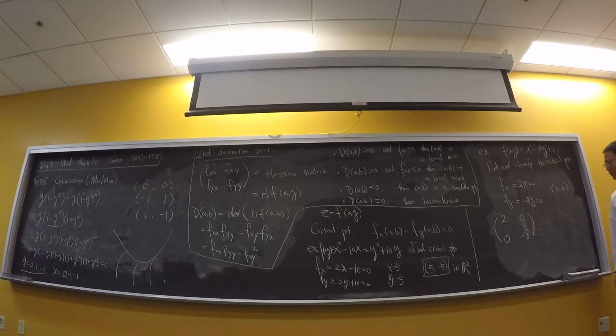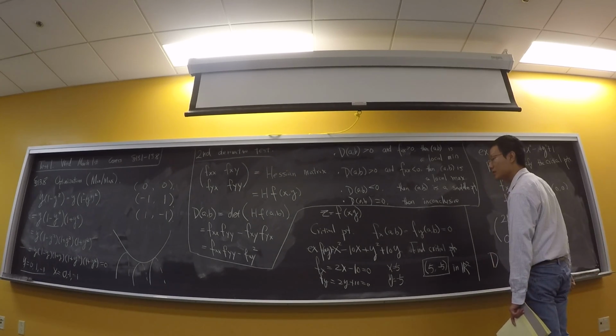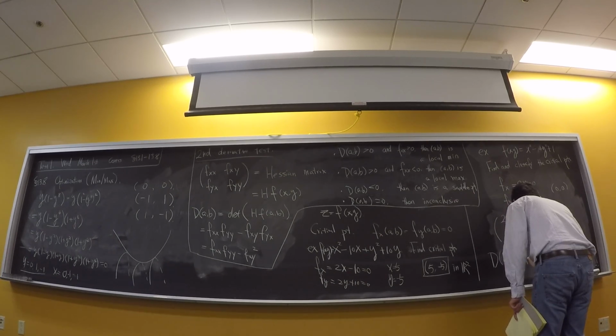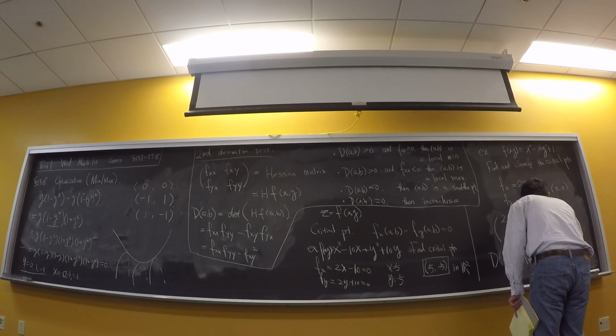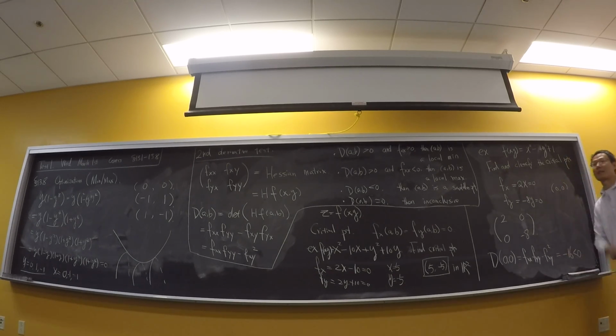If I compute the determinant, it's minus 16. Write down the formula explicitly: D(0,0) is equal to fxx times fyy minus fxy squared, evaluated at this given point, which is equal to minus 16, which is less than 0. As long as the determinant is less than 0, you're already done.